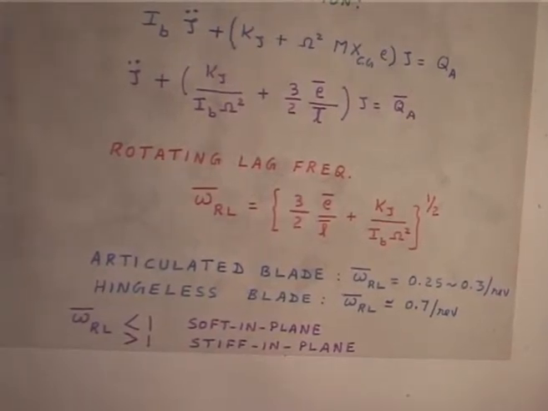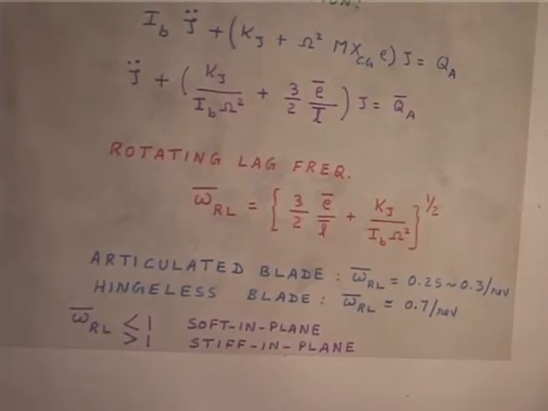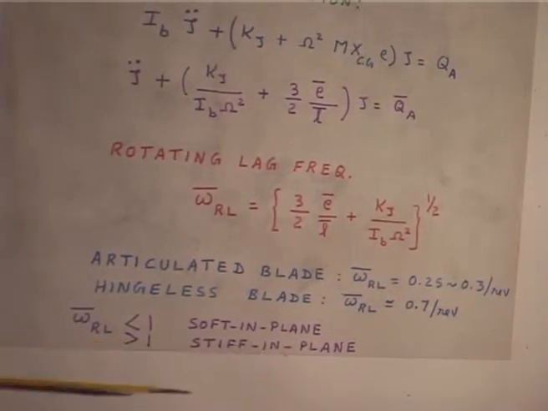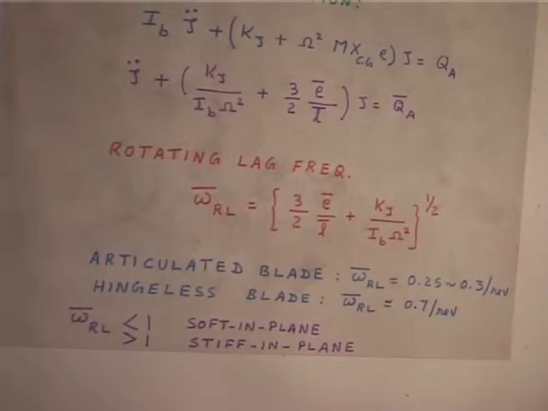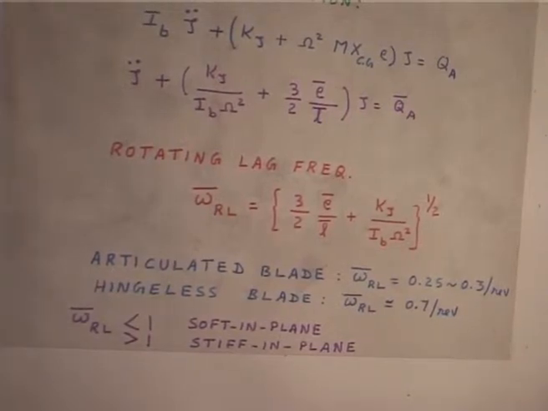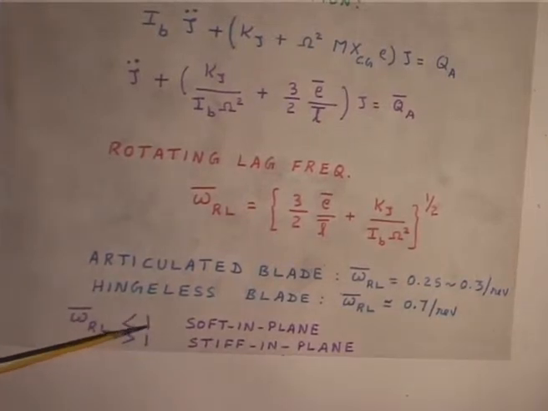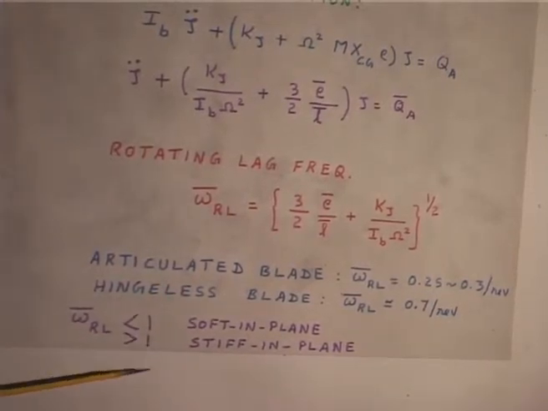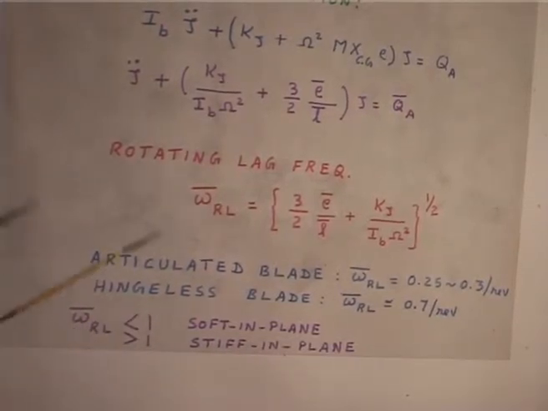Now you may ask, can I have more than one? Yes, for some configurations the omega bar L, the non-dimensional lead lag natural frequency, is more than 1, and for some it is less than 1.